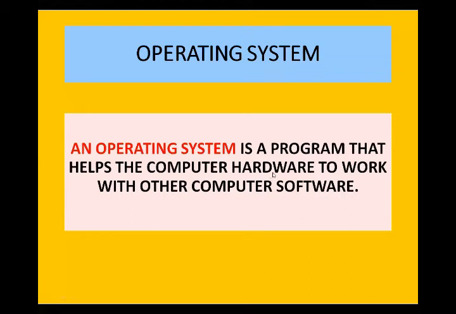Because hardware cannot work by itself, hardware needs step-by-step instructions. So software is a set of instructions. So an operating system is a program that manages all the hardware and all computer software applications.